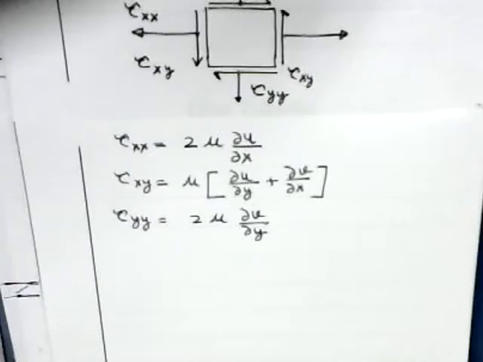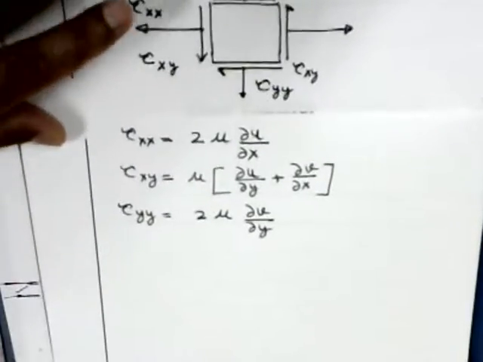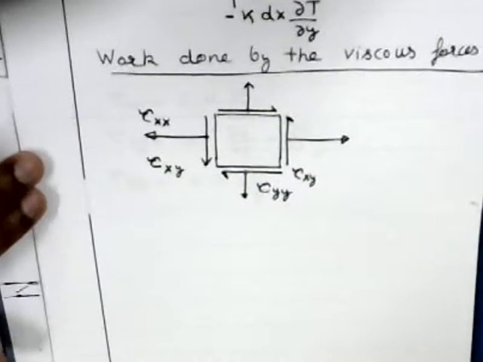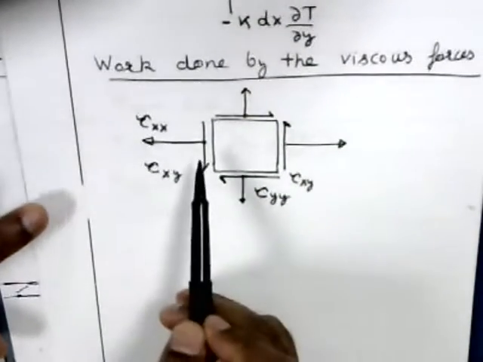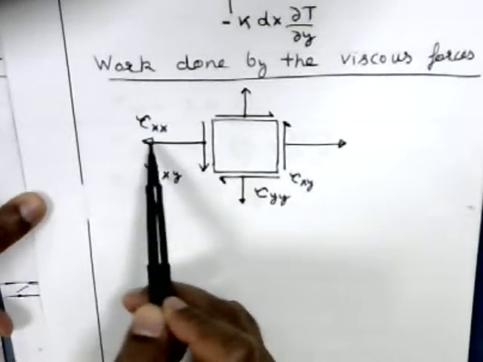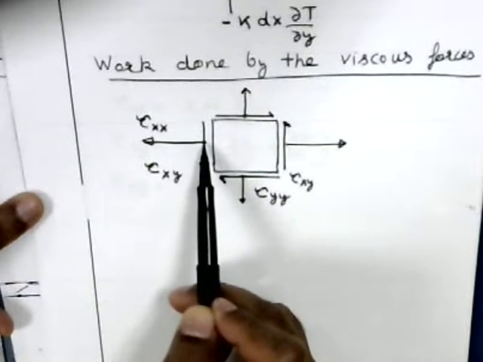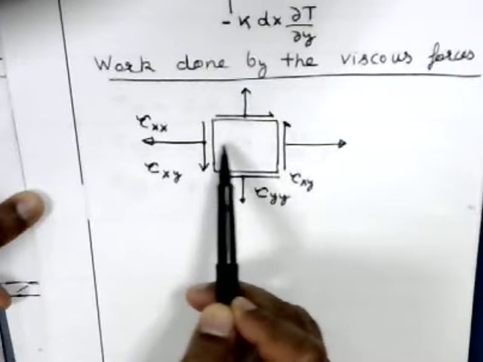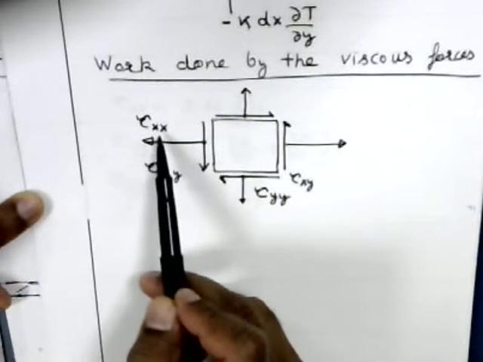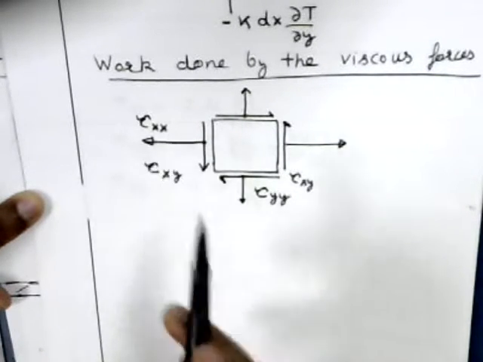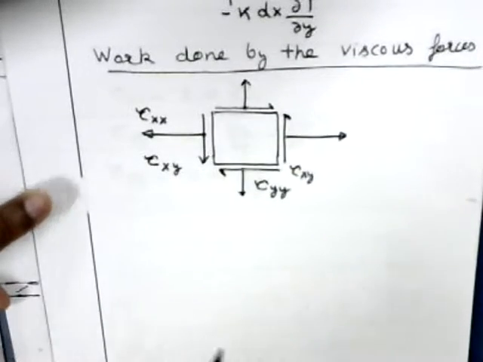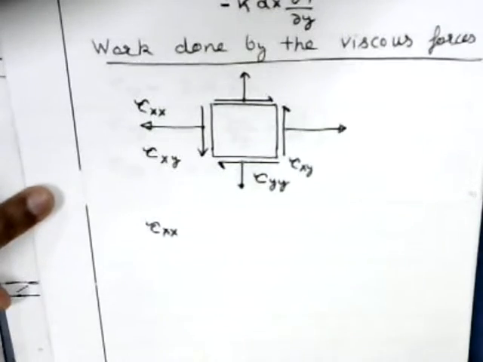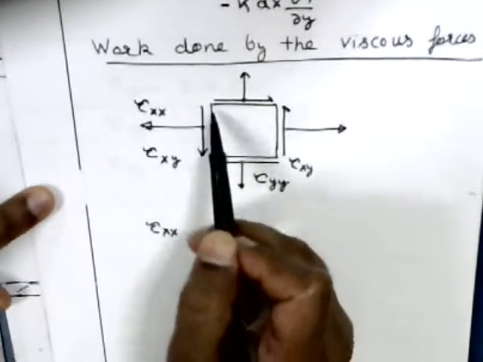Okay. Now let us write down the work done by these. See, at the left face, this is tau xx, and the fluid velocity here is u. We are taking u positive in this direction. So the work done by this stress will be tau xx times area. This area is dy.